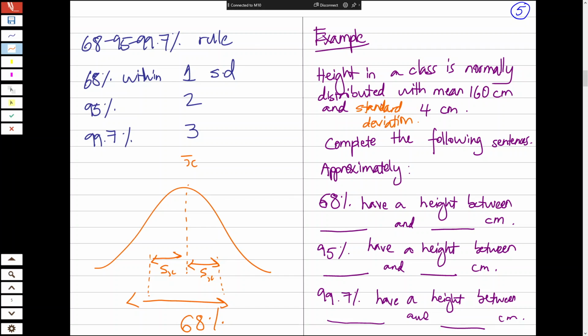Does anyone have an idea what numbers I should put in the first sentence? 68%. Nope. 180 to 170. 140 to 170. 160 and 4.